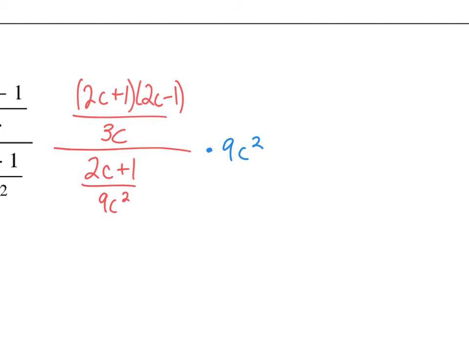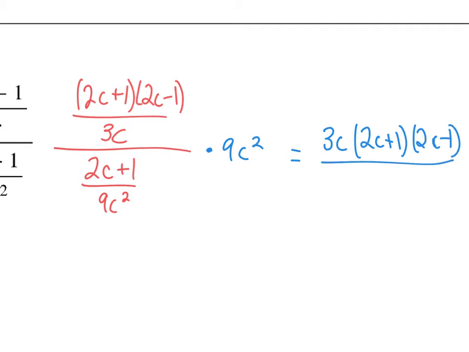Just 3c. So on top here, I have 3c times 2c plus 1 times 2c minus 1. On bottom, 9c squared divided by 9c squared is just 1, so I'm just left with 2c plus 1. Is anything going to cancel here? Yeah, the 2c plus 1s. And what's going to be left?